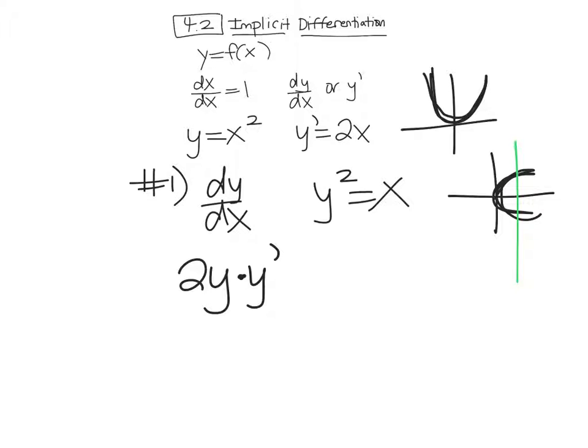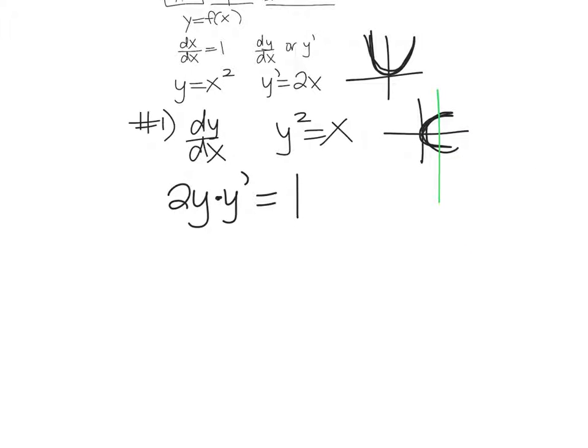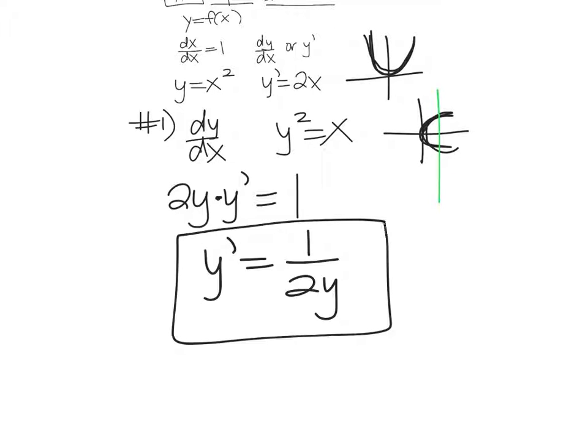The book uses dy/dx, I use y prime. It's up to you. Equals the derivative of x, which is just 1. And so what is dy/dx? Well, now we have to solve for y prime. Divide both sides by 2y. The derivative is 1 over 2y. And that's your answer.